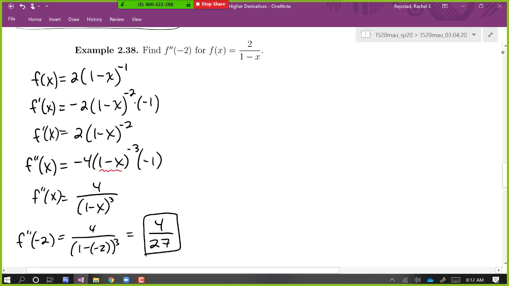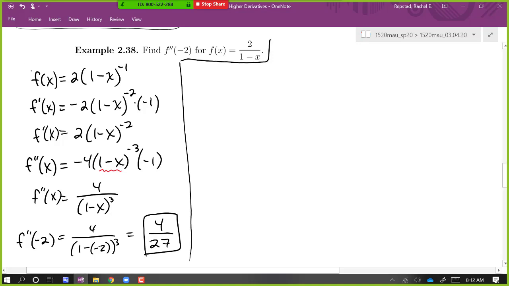Okay, so I'm going to do a little extra example here, and I think I've left enough space so I could do it here, but you might grab a scrap piece of paper. I want to draw your attention to a potential pitfall that we can get into when we're finding higher derivatives.